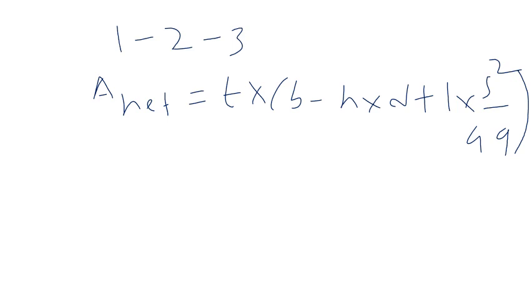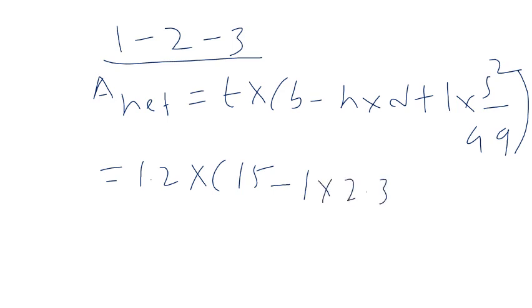So here just plug in the values. t is already known, 1.2, b is 15, n is 1 because failure is along 1, 2, 3, and d is already known, that is 2.35, plus how many staggered rivets are there.